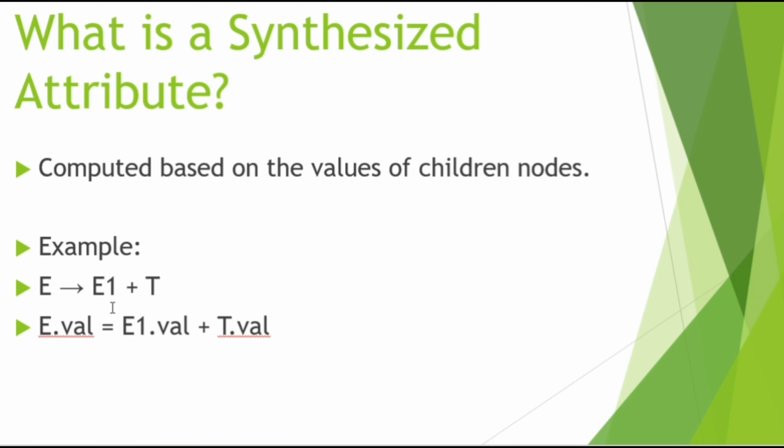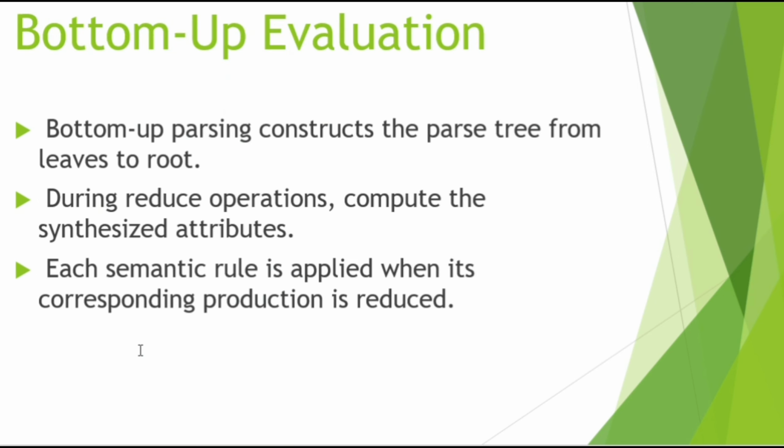If we write a semantic rule like this, we are saying calculate the value of E based on the values of E1 and T from the RHS, and this is synthesized, meaning computed from children and pushed up. So in the next slide, we are going to see the bottom-up evaluation.